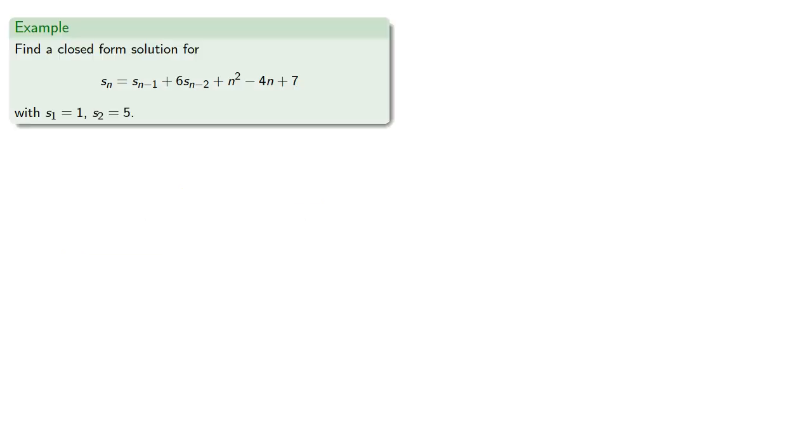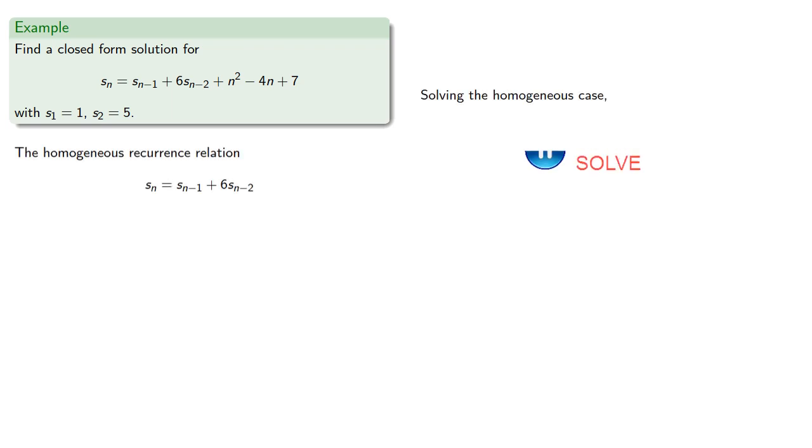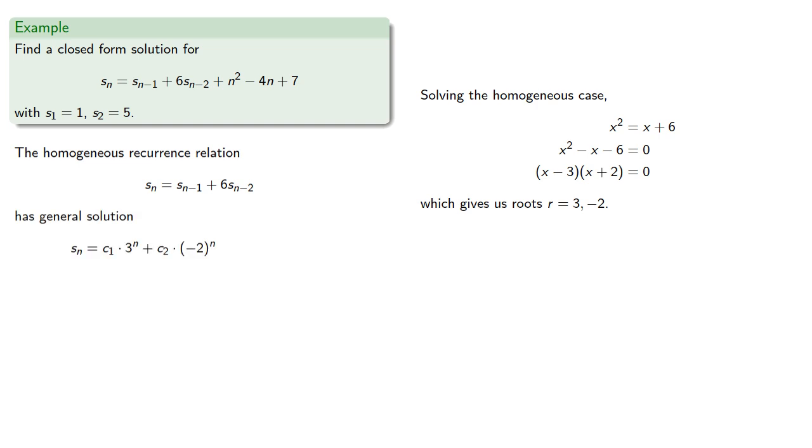So let's find a closed form solution for the homogeneous recurrence relation, solving giving us roots of 3 and negative 2, and so we get our general solution. Since the forcing function is quadratic, we'll also add a quadratic polynomial.